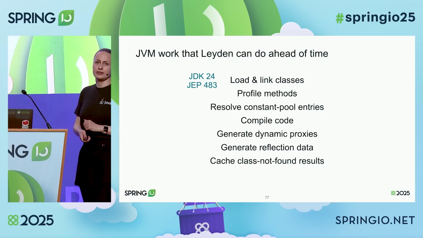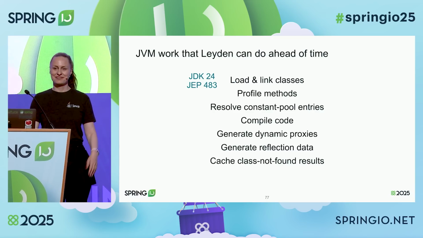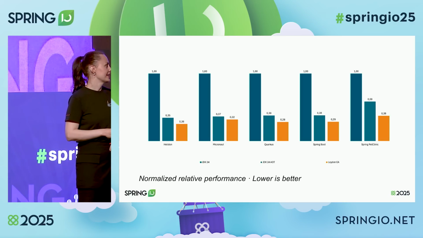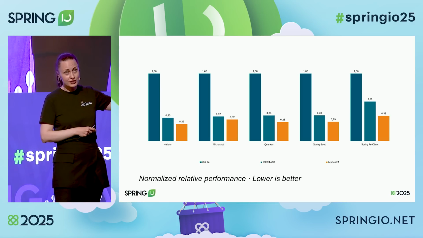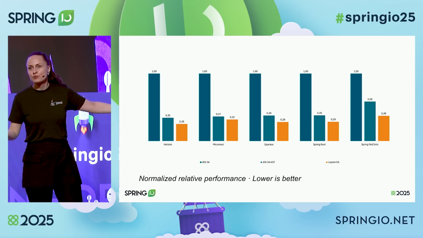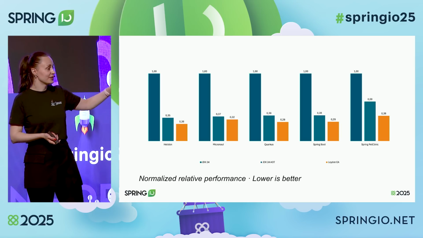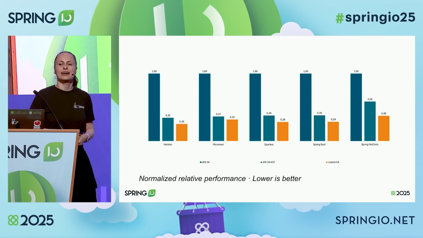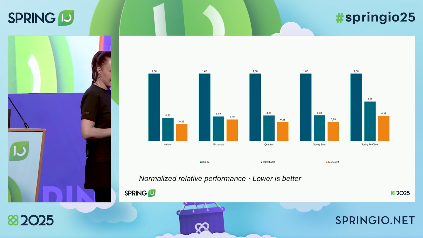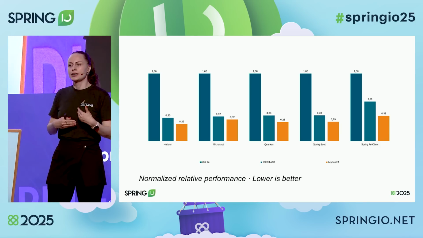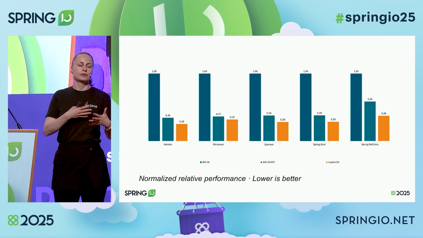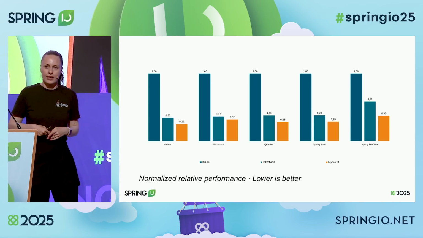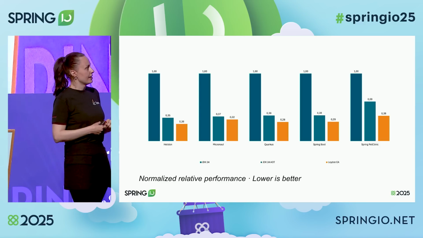But how well does shifting work? Let's see some numbers. These are the numbers of normalized relative performance for some frameworks. And because we're at the Spring conference, I will ask you to look at the right-hand side of the slide. We'll start by talking about a simple Hello World application running on Spring Boot. We're going to normalize JDK 24 startup time to 1. That's the 1 there in the Hello World.